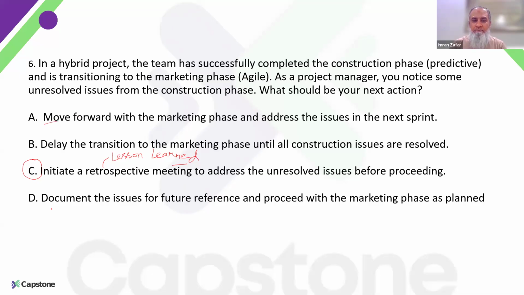Although this option is referring to documenting the issue for future reference, the last part of it is not correct. That's why D was wrong. The rest of the two options are suggesting some actions. So before performing any action, you need to analyze it, find the root cause, and then after analysis, maybe you can go to the action part of things.